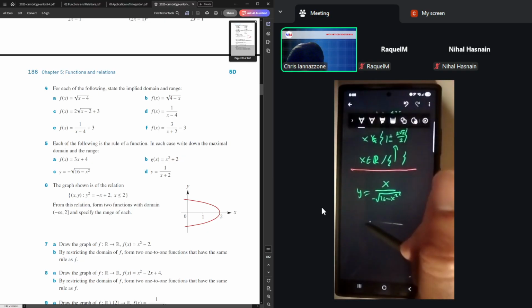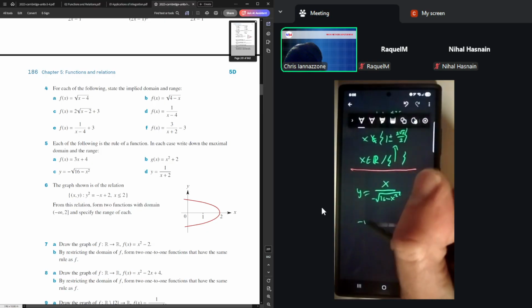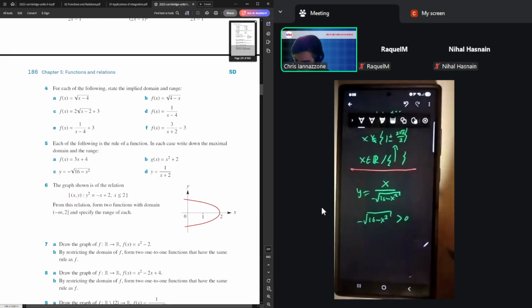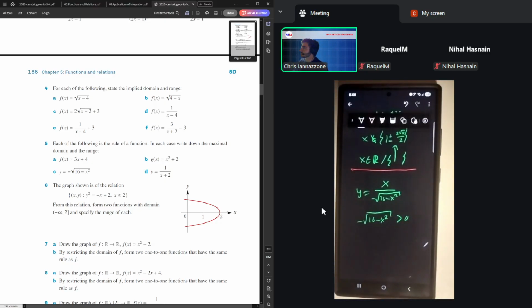So yeah, we can slightly modify this to say, okay, now negative root 16 take x squared can only be greater than, not equal to 0. It's fine if you want to do the greater than and including 0 and then kill it later on. I don't think it'll really change your solution set at the end much anyway, because you'll kind of have all this working out as is.